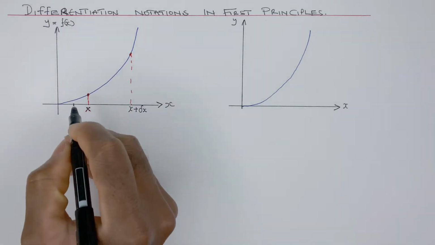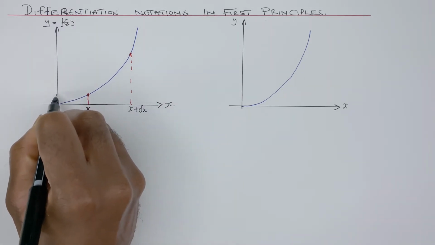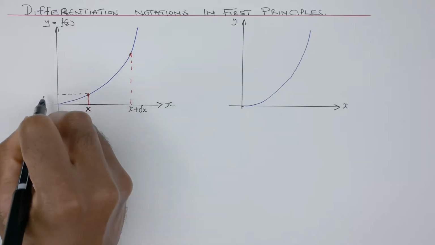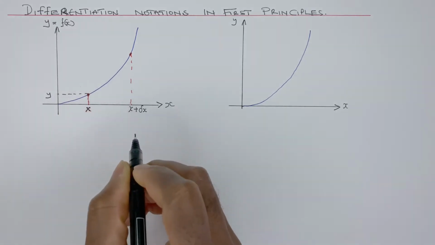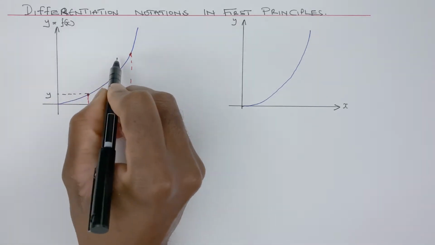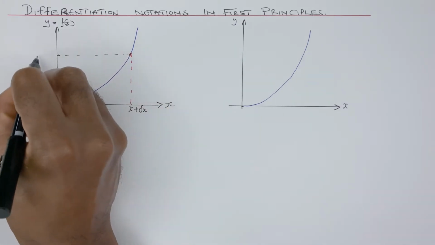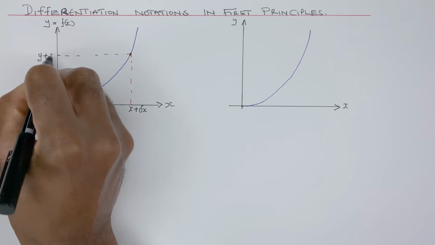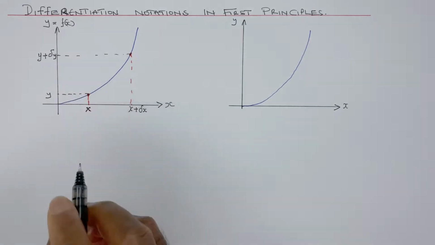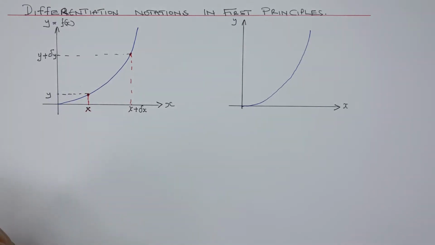And likewise, that coordinate will have the y coordinate. That's your y. And this one too will have the y coordinate for y plus delta y. So delta means small change.